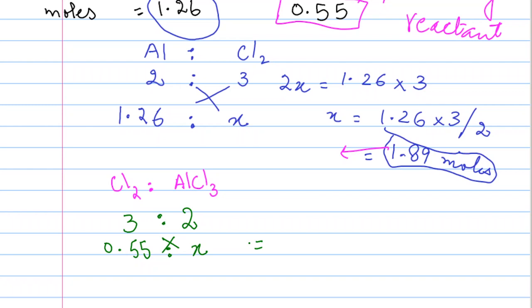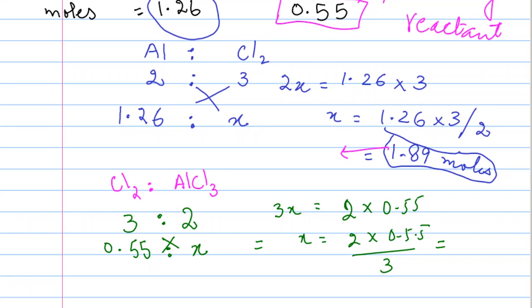Okay, let me tell you how we will do this. 3x is equal to 2 multiplied by 0.55. x is equal to 2 multiplied by 0.55 divided by 3. We will get the moles of aluminium chloride.